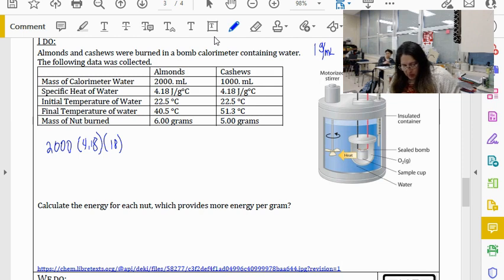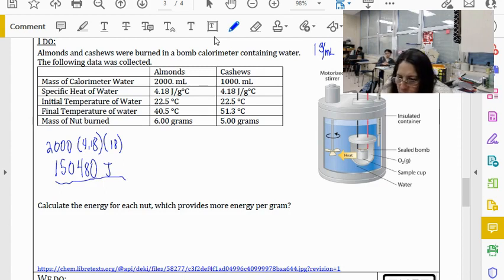So 2,000 times 18 times 4.18, that gives us 150,480, and that's going to be joules per gram.